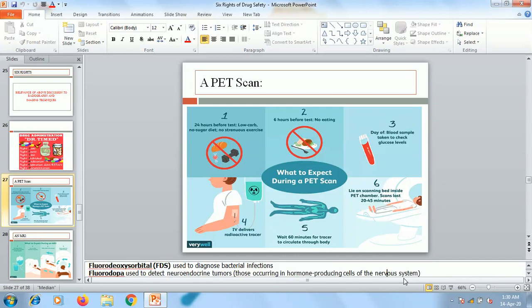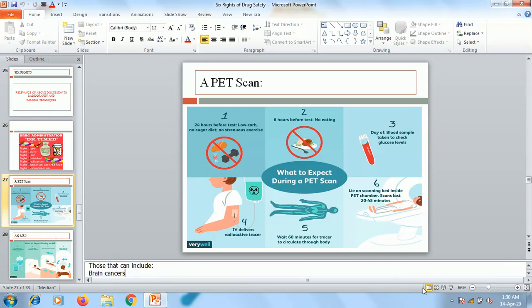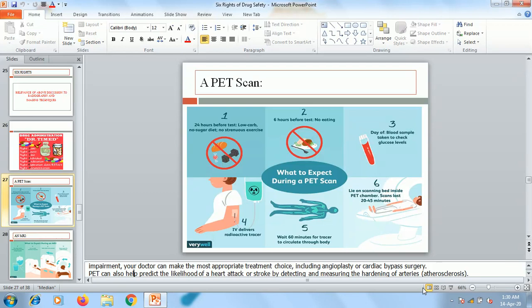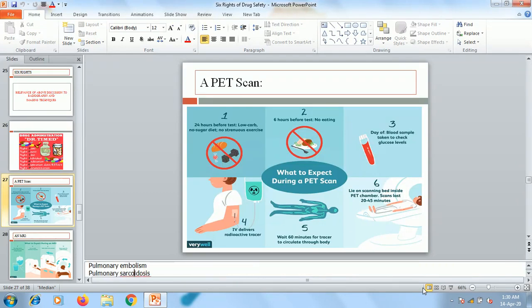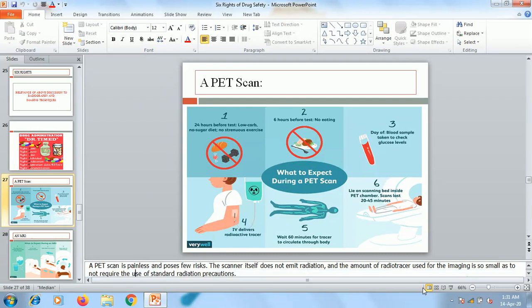These are different types of radio tracers used here. These are different diseases, different cancers, for which cancer is being diagnosed. Here are cardiac diseases. Then now risks and contraindications.